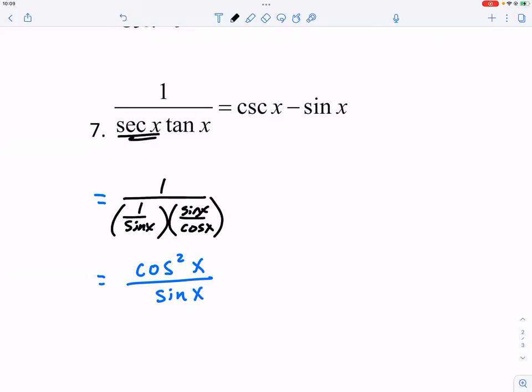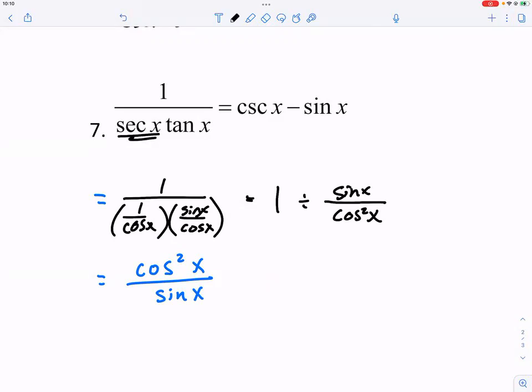Wait, hold on. Oh, no, cosine x, sorry. All right, so 1 over cosine x times sine x over cosine x. Well, that's equal to 1 divided by sine x over cosine square x.